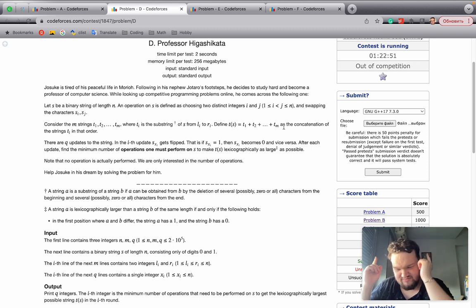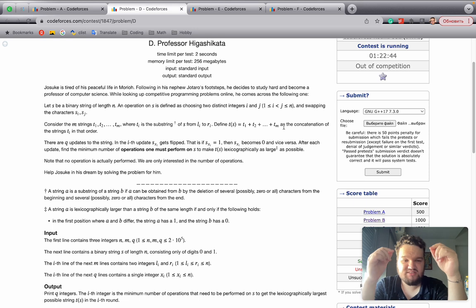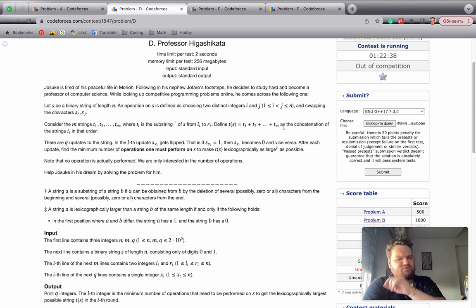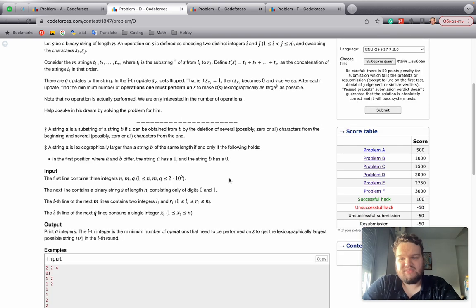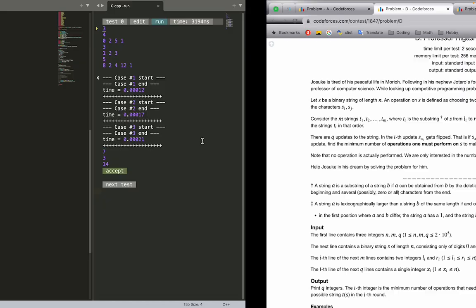We still have to fill that prefix. But if it is bigger, then we can make all the characters we care about to be ones, and to do that we only need to fill the positions that we care about with ones. So we need to calculate the number of zeros on the prefix of length that is the minimum of the current number of ones and the number of characters that we care about at all. And that's problem D.